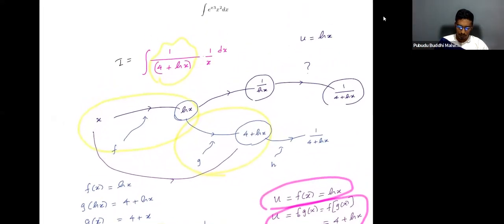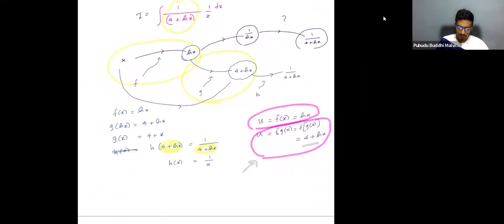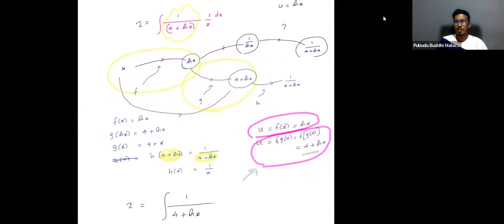Prior to that, the derivative of 4 plus natural log of x is 1 over x. Hence, I can replace this part by this. If you're using natural log of x as your substitution, you can replace that part by the derivative of natural log of x. Doesn't really matter.